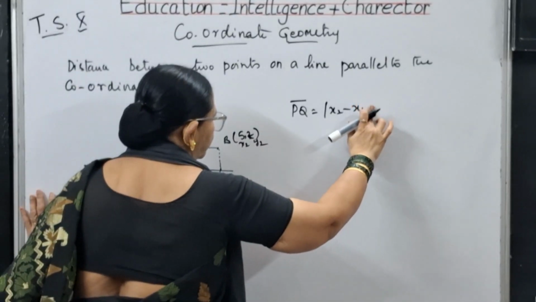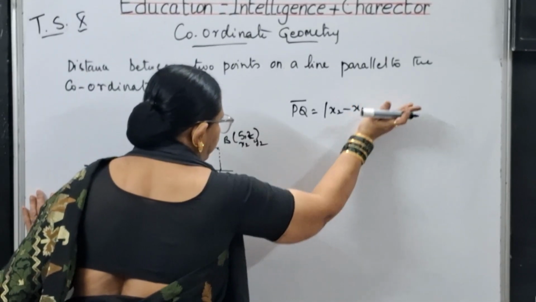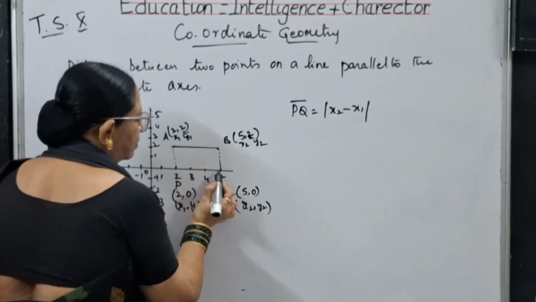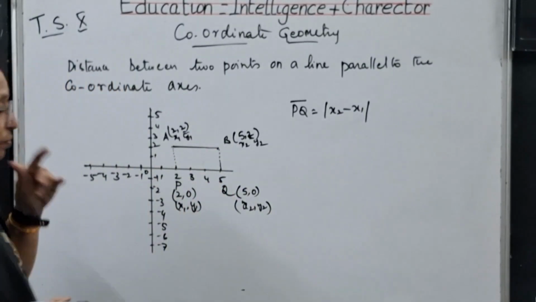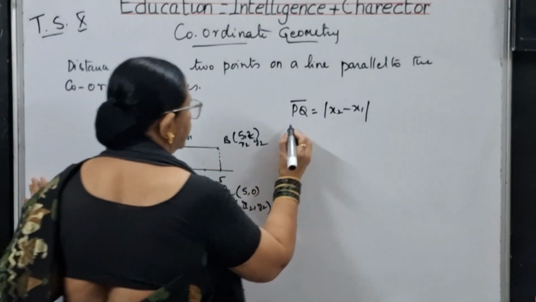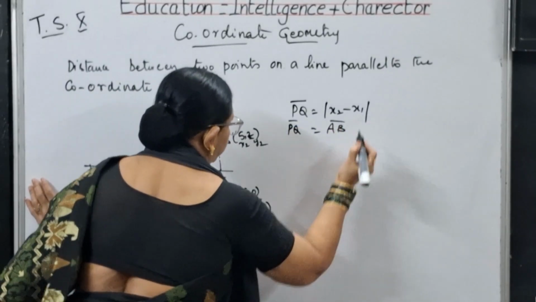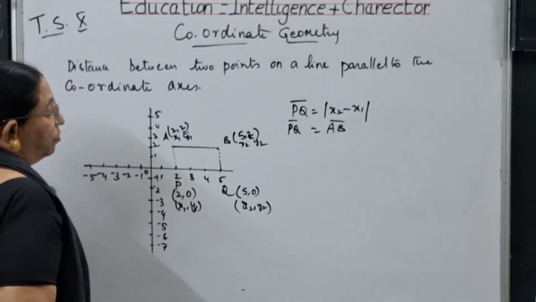Modulus x2 minus x1. But you can say that AB also has the same length as PQ. Whatever is the length of PQ, that is the same length of AB also. Why?